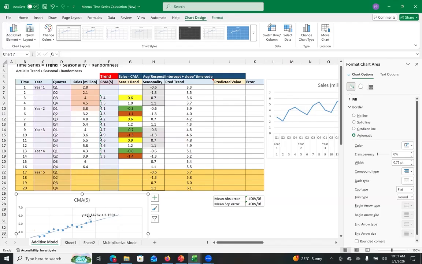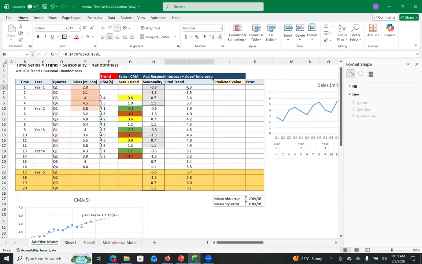Okay. And then I use this equation to come up with the prediction. So we are essentially deriving that equation using charts, is it? This equation you're saying?